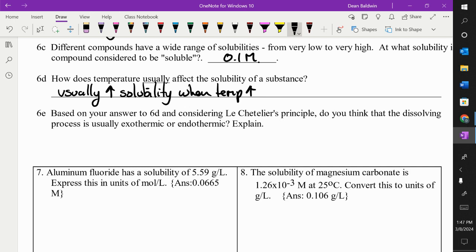So if you increase the temp, you get an increase in solubility, which means, Le Chatelier's. So does that mean solubility is usually exo or endo? We've done this before. There's one question on your test on it. So if you increase the temperature, you shift the reaction to the right. So usually solubility will be endothermic, right?